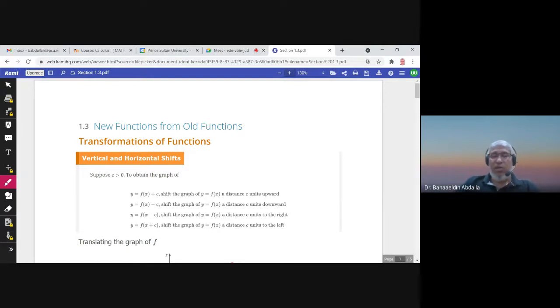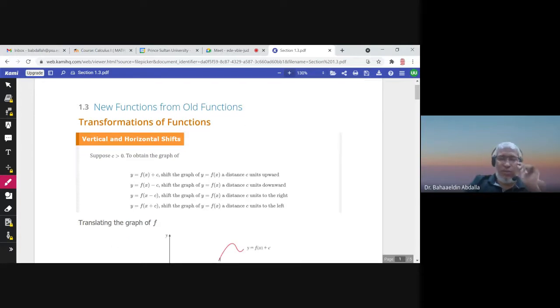We studied functions in section 1.1 and 1.2, and now after we have seen these different kinds of functions in 1.2, we will learn here how to even define more functions from the functions that we studied. So we do that by transformations, different transformations.